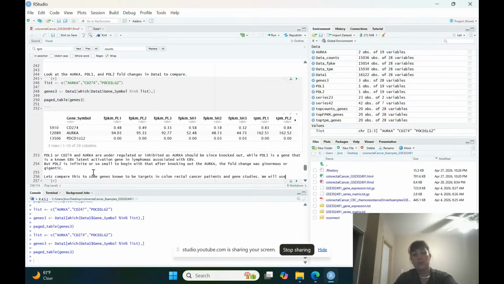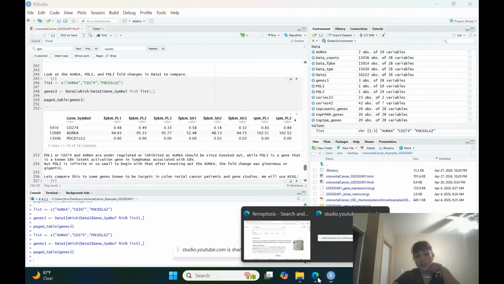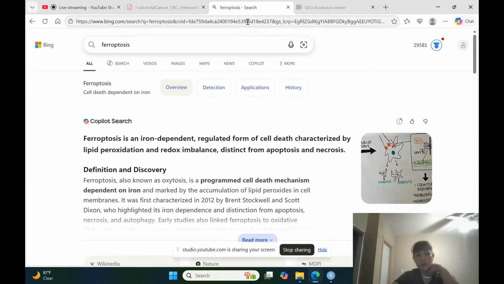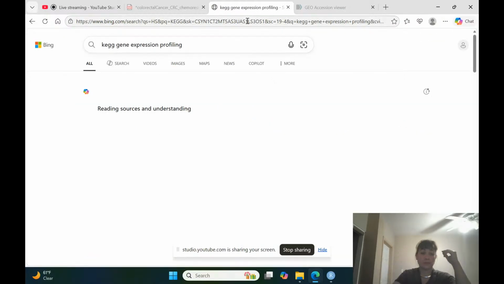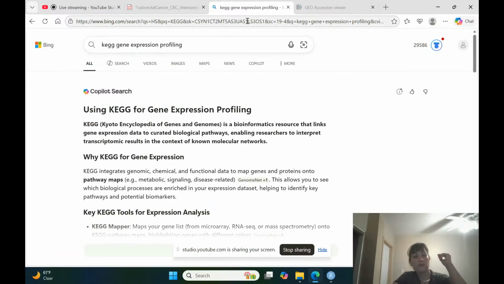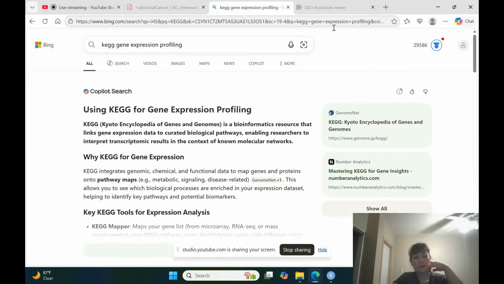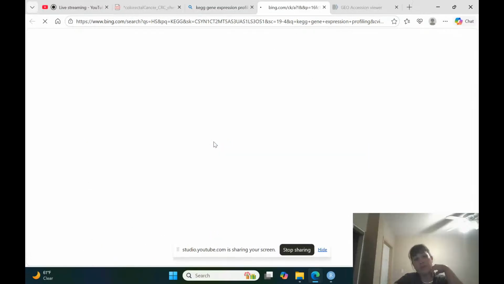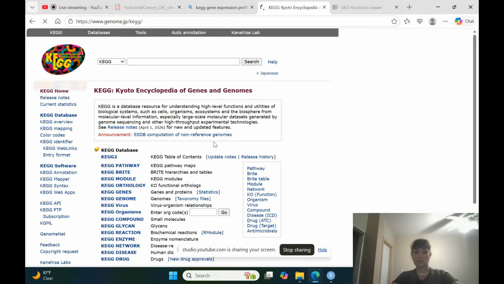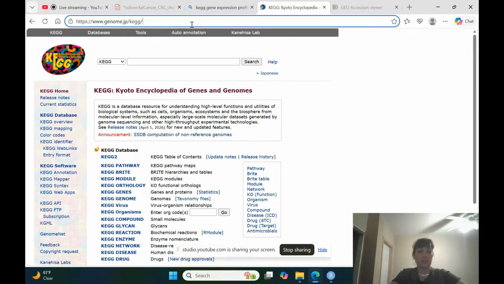We will use KEGG. It's the Kyoto something. Okay. KEGG. Kyoto Encyclopedia of Genes and Genomes. We'll just visit it. I'll go ahead and leave a link here.